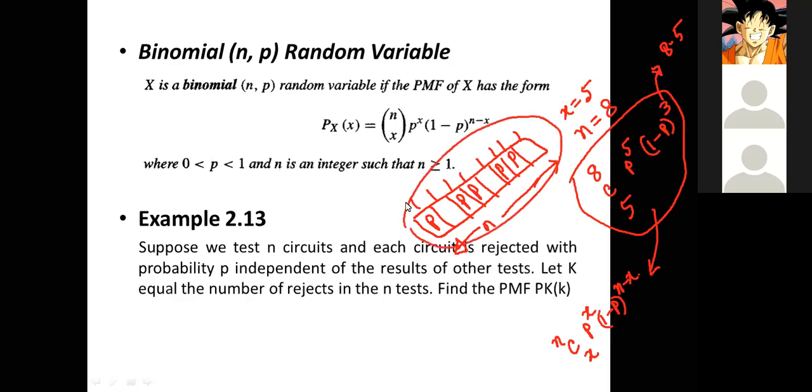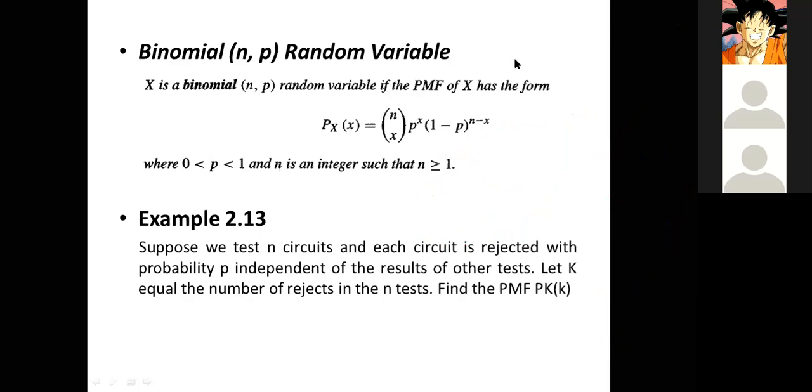Total number of tests. What is X? Number of rejects. Can you remember the binomial theorem? Yes, sir. Okay. If you know the binomial theorem, then the same thing is true.